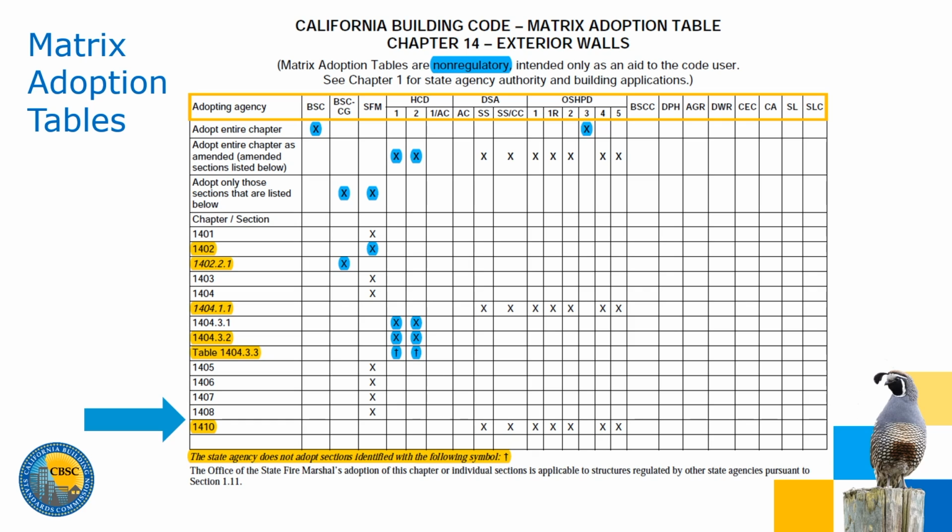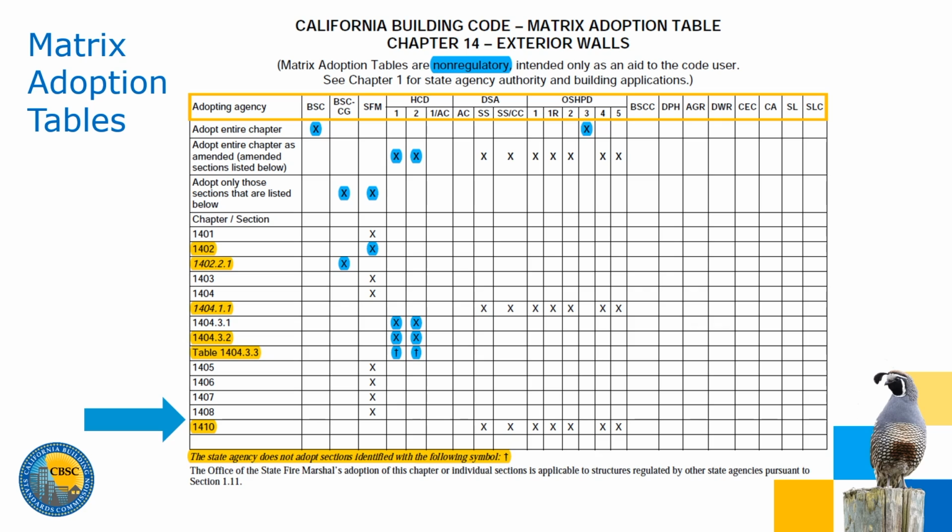And HCD 2 applies to permanent buildings in mobile home parks and special occupancy parks. This demonstrates how important it is to know and understand the different applications of each state agency.